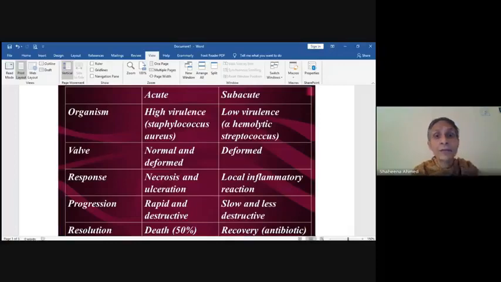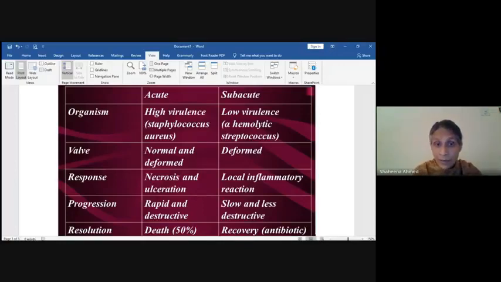In subacute, you will find a local inflammatory reaction because it is going to be a relatively weaker reaction, as the microorganism is of low virulence. So the inflammatory reaction will be a local one and might not be as severe as that in a purely acute case.